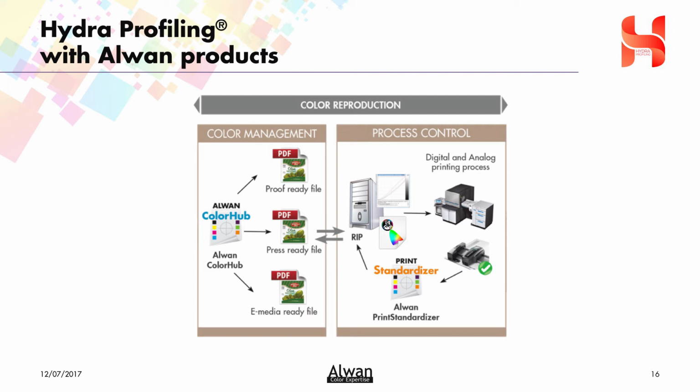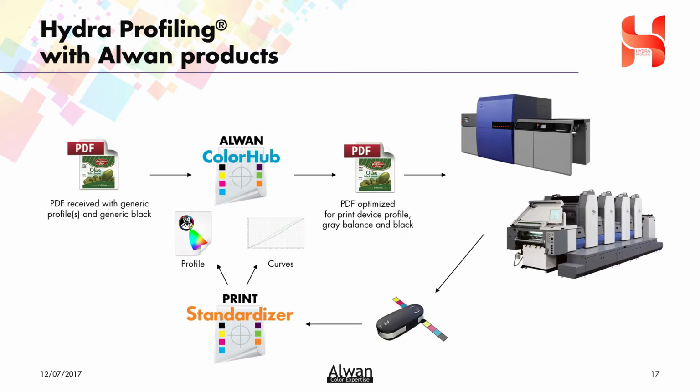In the press room, we have the PrintStandardizer part, and combined together, these two solutions today offer a complete closed loop, which allows you to calibrate, to profile a printing process, digital or conventional, and to apply the resulting curves and the resulting profile automatically and instantaneously in your color management server.